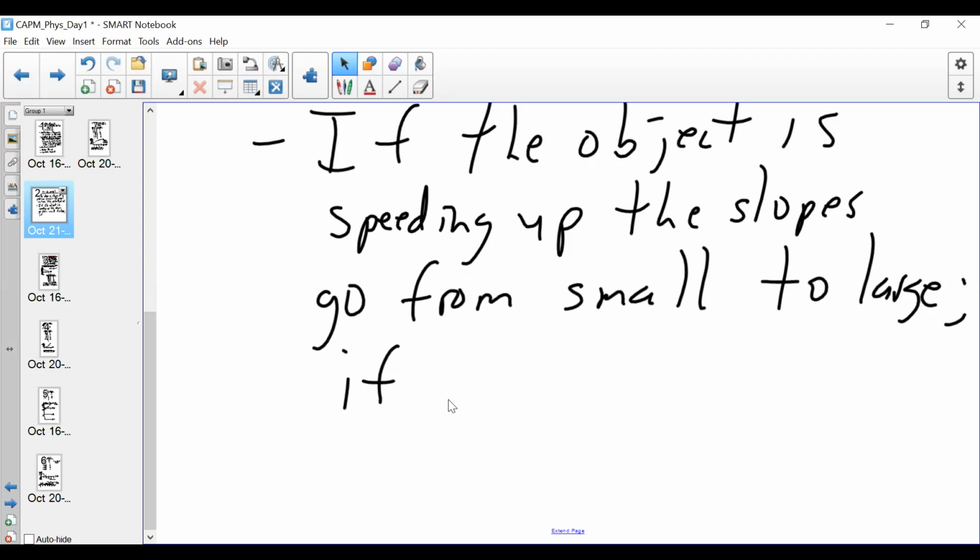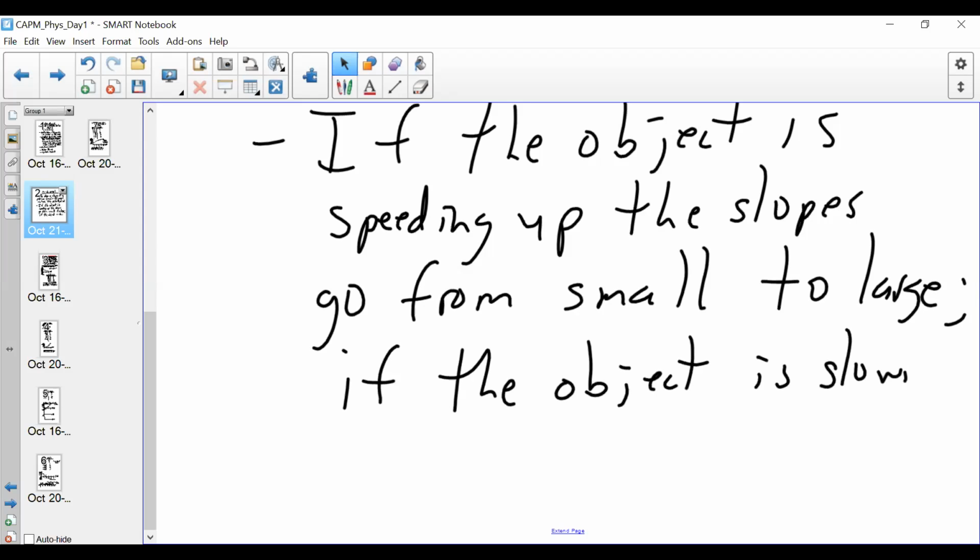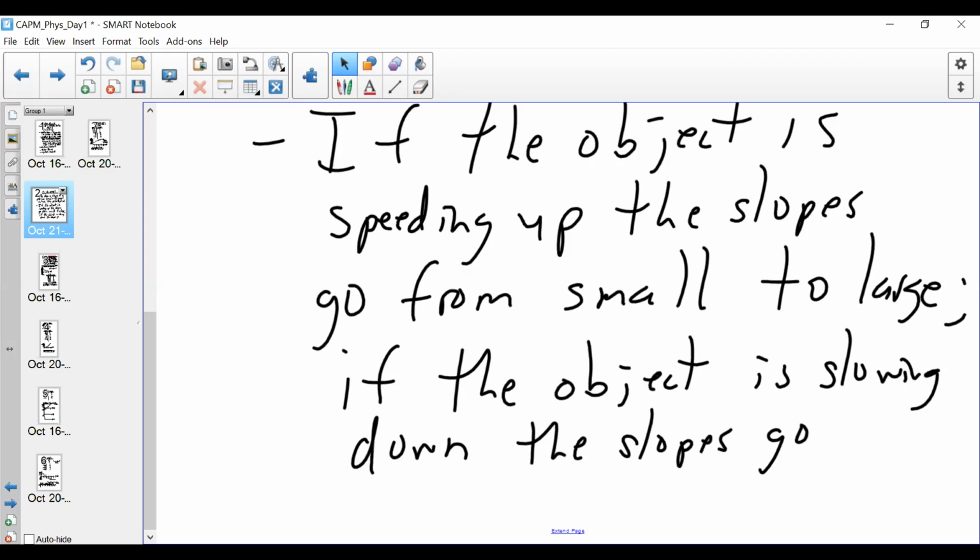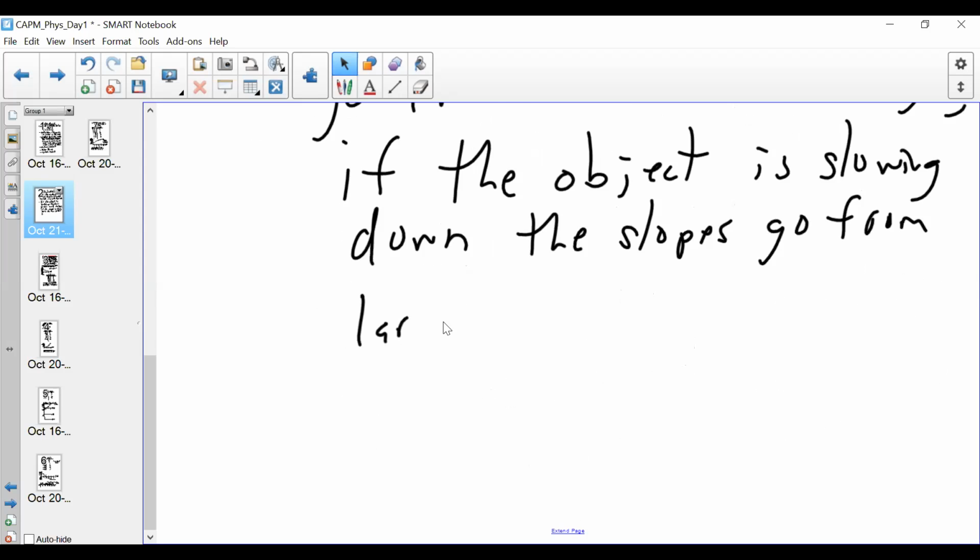If the object is slowing down, the slopes go from large to small.